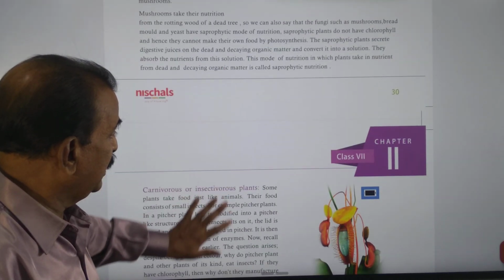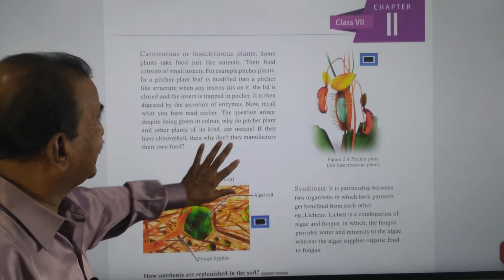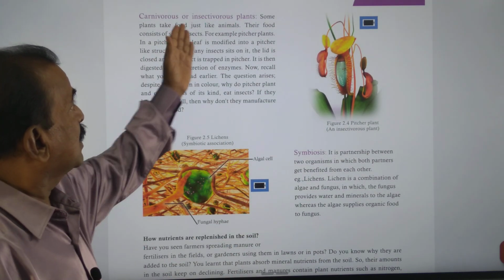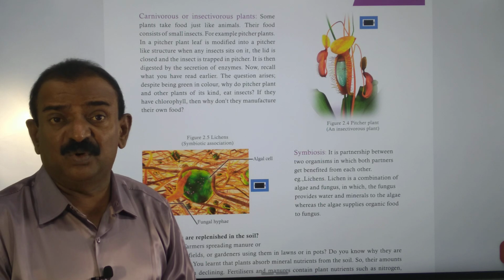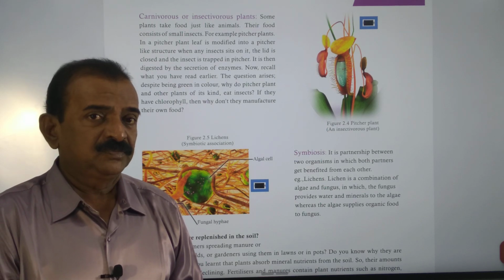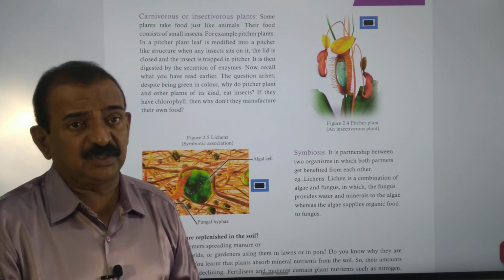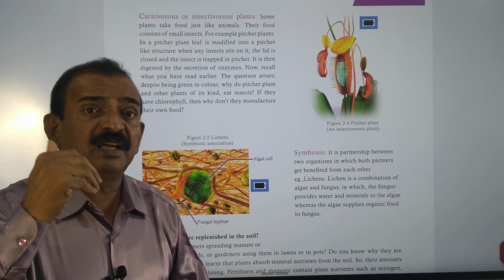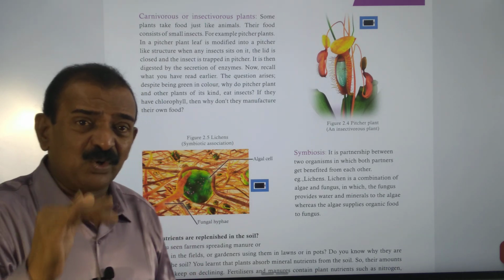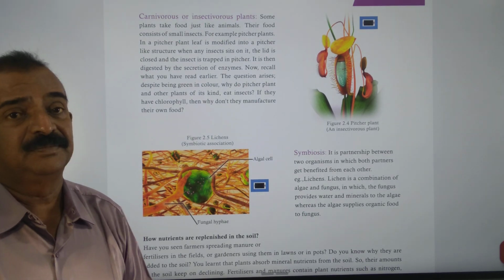Now we need to discuss another type of nutrition, called carnivorous or insectivorous nutrition. Some plants grow in areas where nitrogen is deficient in the soil.